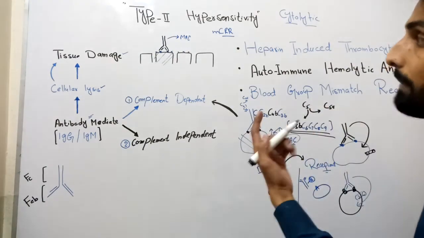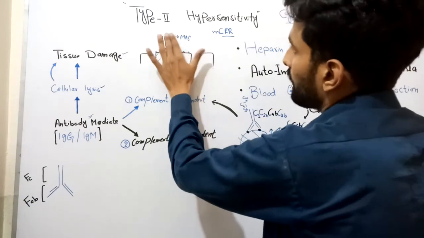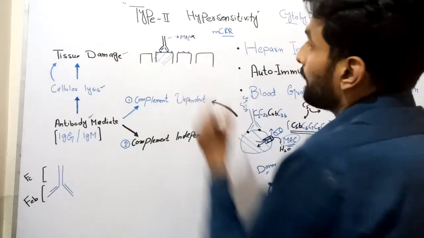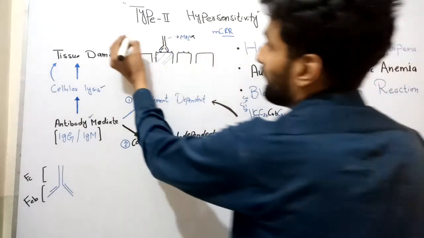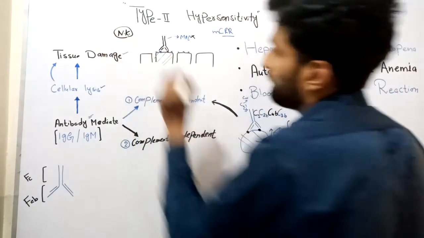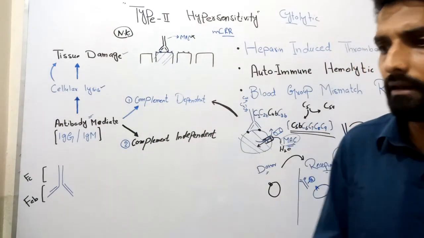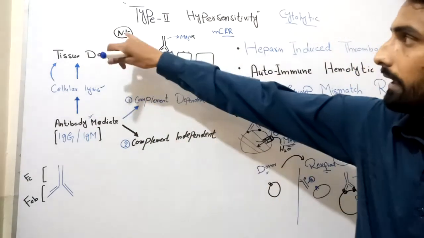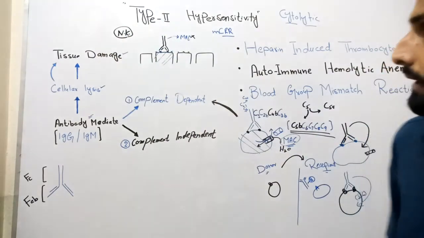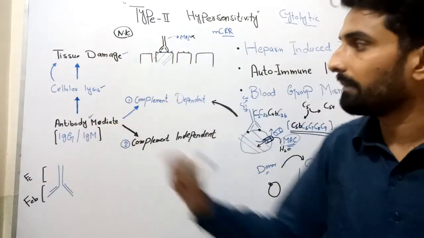Now let's see how the complement independent pathway works. Now what will happen? MAC will not be formed obviously, but our natural killer cells are a type of lymphocytes. Lymphocytes can be T lymphocytes, B lymphocytes, or natural killer cells. They do have a receptor for the Fc portion of IgG or IgM antibody.